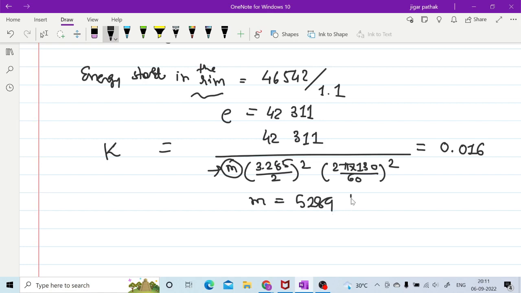It is coming around 5289 kg, right? Almost. Okay.